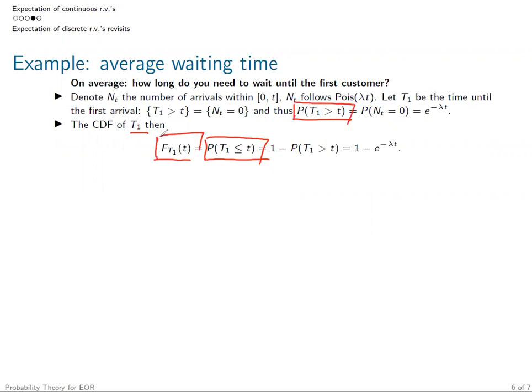The CDF is equal to 1 minus the survival function, or we can say this probability is simply 1 minus the probability of its complement event. Now we plug in, and this gives the CDF function. Now we have the distribution of this continuous random variable. Apparently T1 is a continuous random variable. It can take any positive value in this case. You could wait for 1 minute, 2 minutes, and keep going.